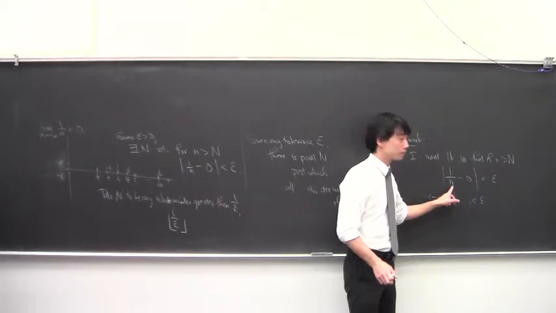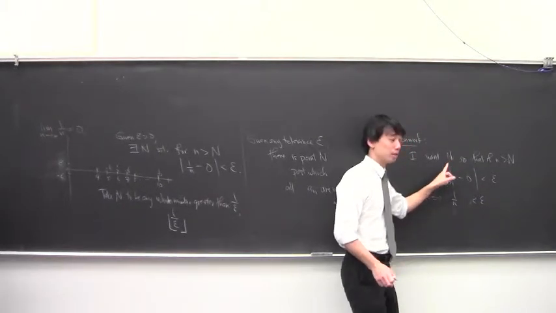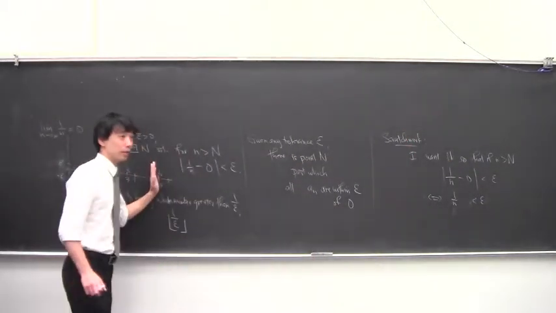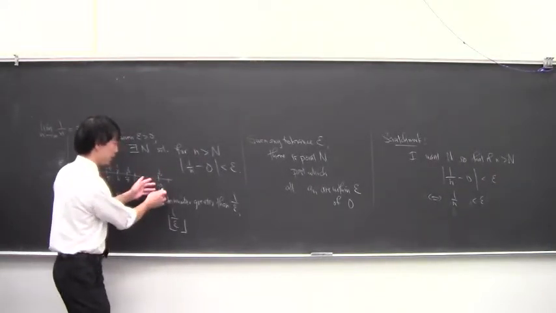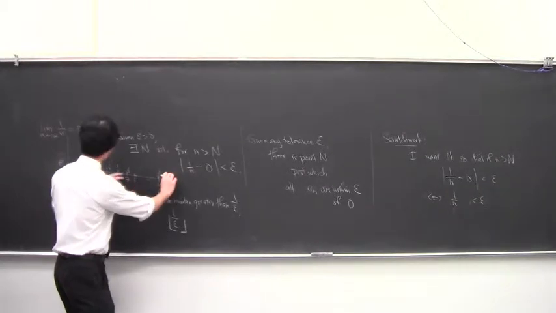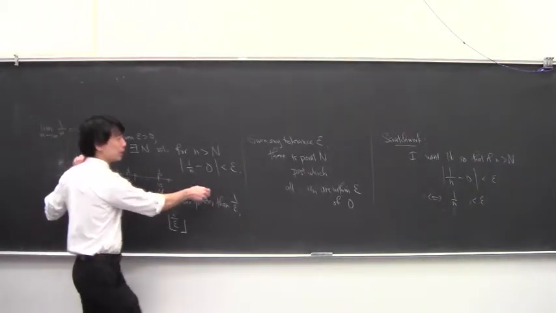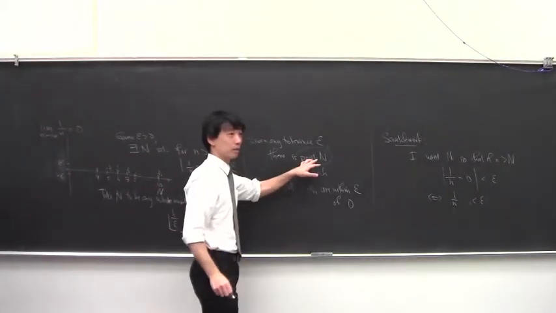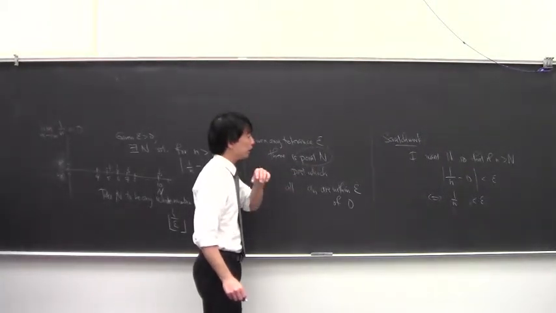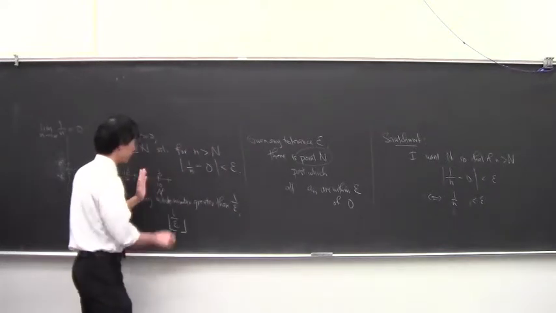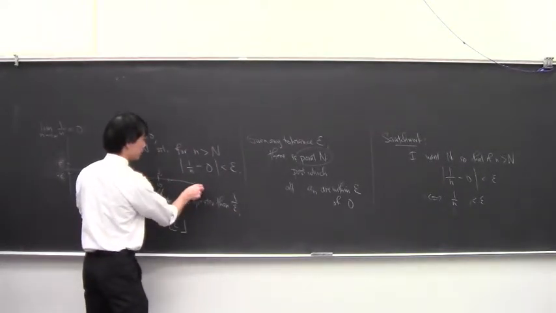What does the capital N represent? The time past which everybody satisfies the tolerance. You're looking for that N. You could think of it as an x coordinate, if you're thinking of this as an x.